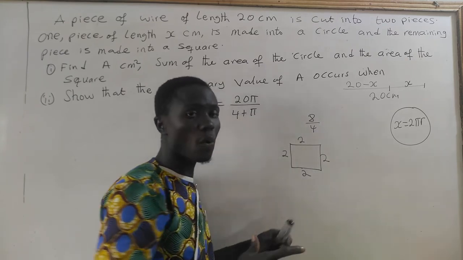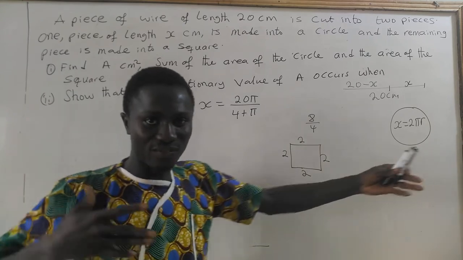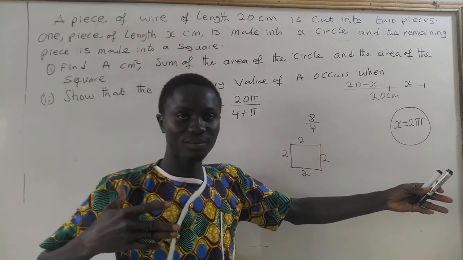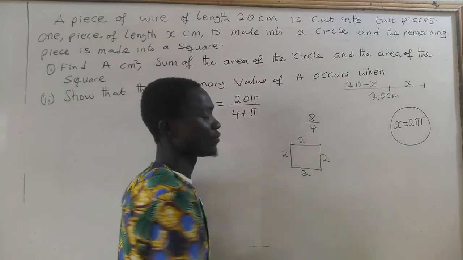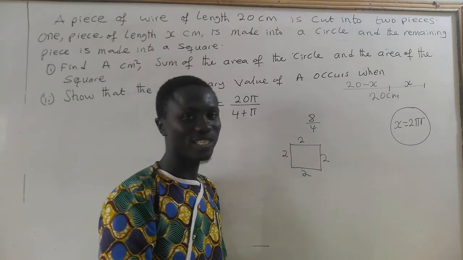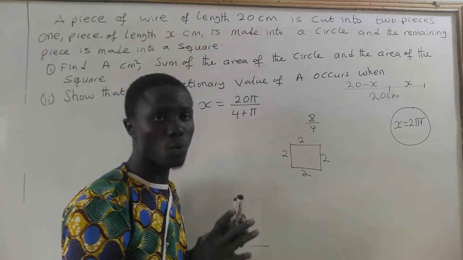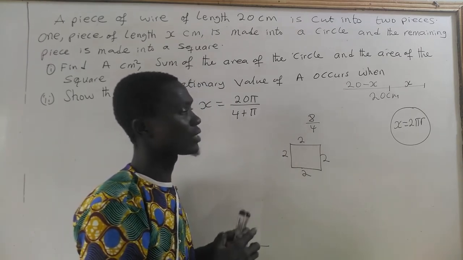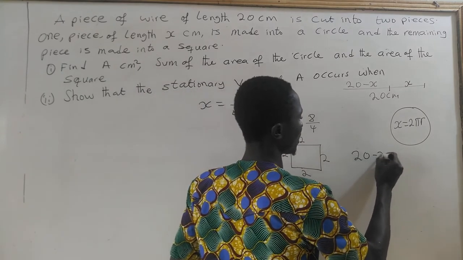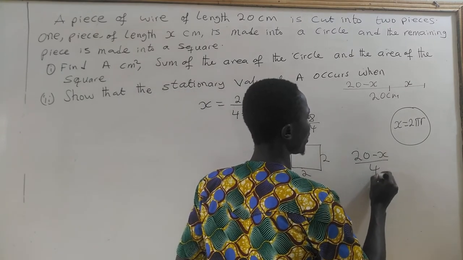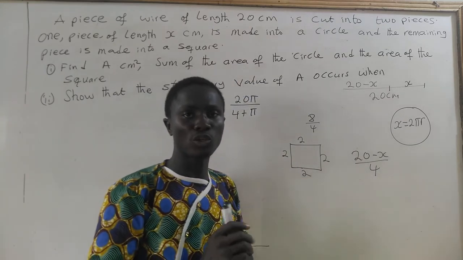Because the wire that you are going to use to form the square is of length 8 centimeters, you have to divide it into 4 equal parts to get the size of the square. Very simple as that. So to form a square with a wire which is 20 minus x centimeters, we have to divide 20 minus x into 4 equal parts to get each side of the square.